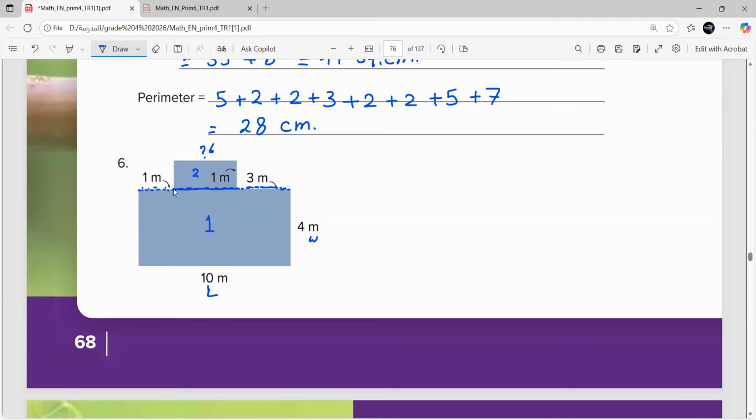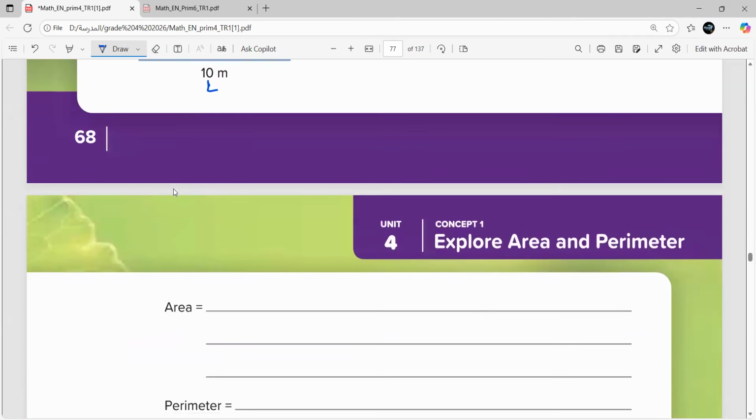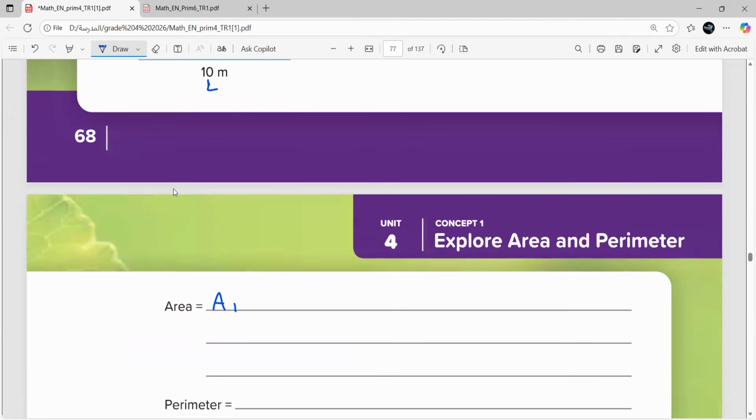So this is 6 meter, and 1 meter is the width. So we have 6 times 1, and the big one is 10 times 4. So we have here area 1 plus area 2.